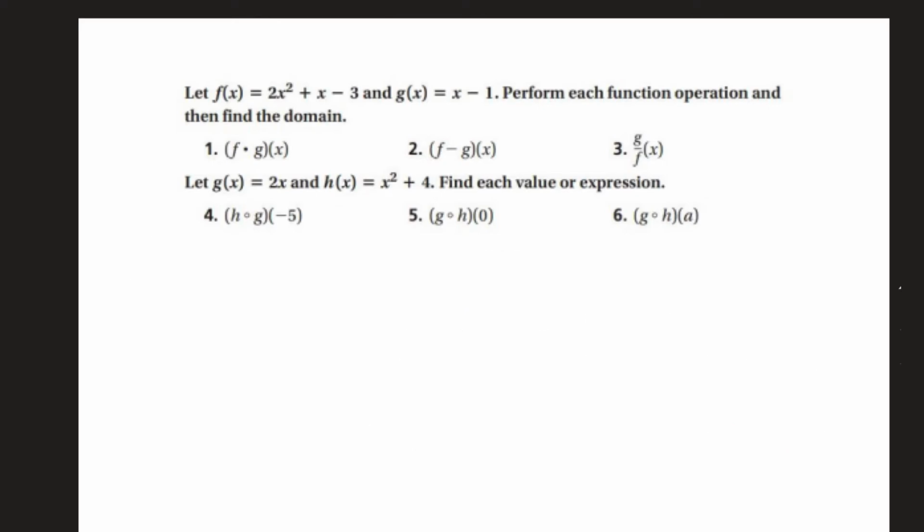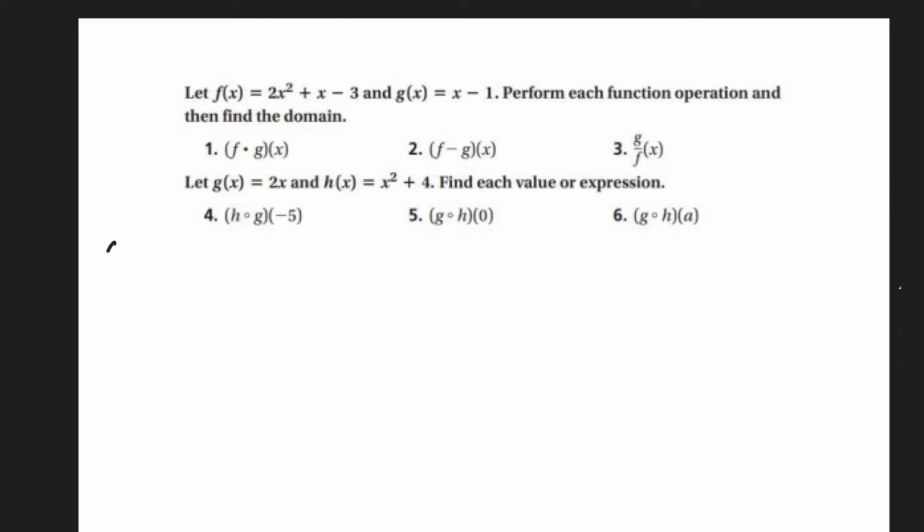The next part of the lesson, we have g of x equals 2x, h of x equals x squared plus 4. And then I'm going to find the values. So what I'm planning to explain to you is what we did today in our lesson. We have that circle, which doesn't mean multiplication.